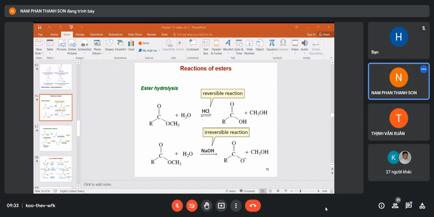More specifically, the ester between glycerol and fatty acid. So that is the ester between glycerol and fatty acid.